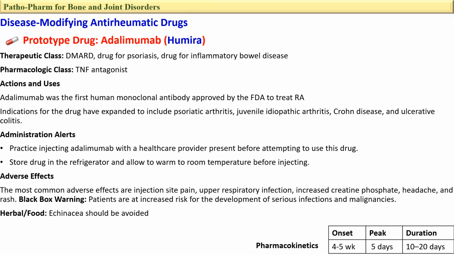In terms of malignancies, leukemias, lymphomas, and other malignancies have been reported with this drug because it's a TNF antagonist, tumor necrosis factor antagonist.